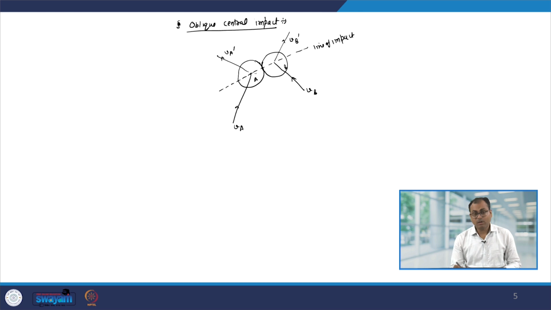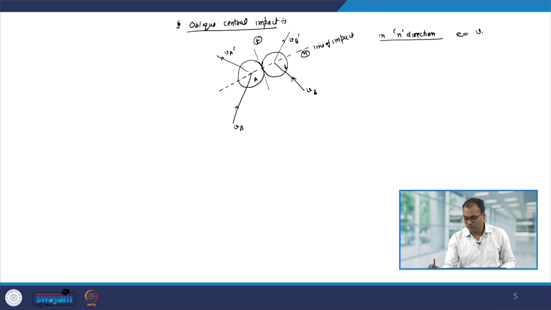Let us say the direction of the tangent to the contacting surface is T, and the direction of the line of impact is N. In that case, we have in the N direction e equal to V B prime N minus V A prime N over V A N minus V B N, and we have the conservation of linear momentum for the whole system.